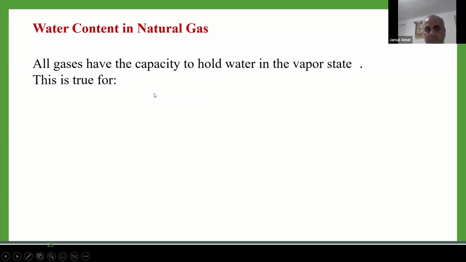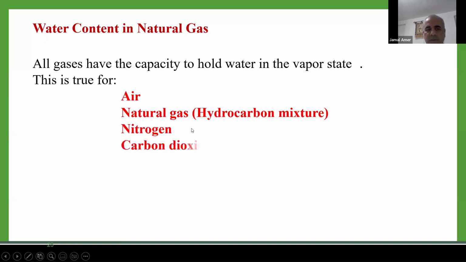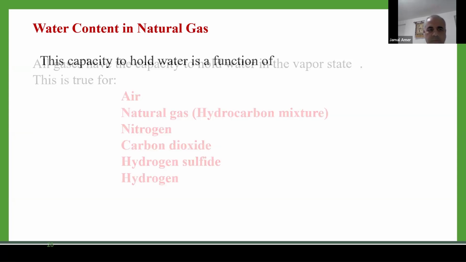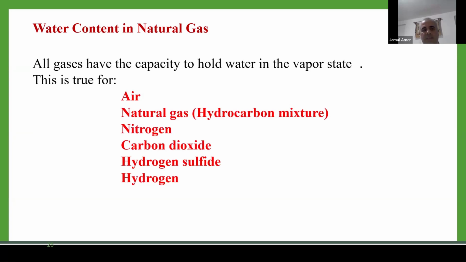This is true for the following: air, natural gas, nitrogen, carbon dioxide, hydrogen sulfide, and hydrogen. So all gases have the capacity to hold water in the vapor state.